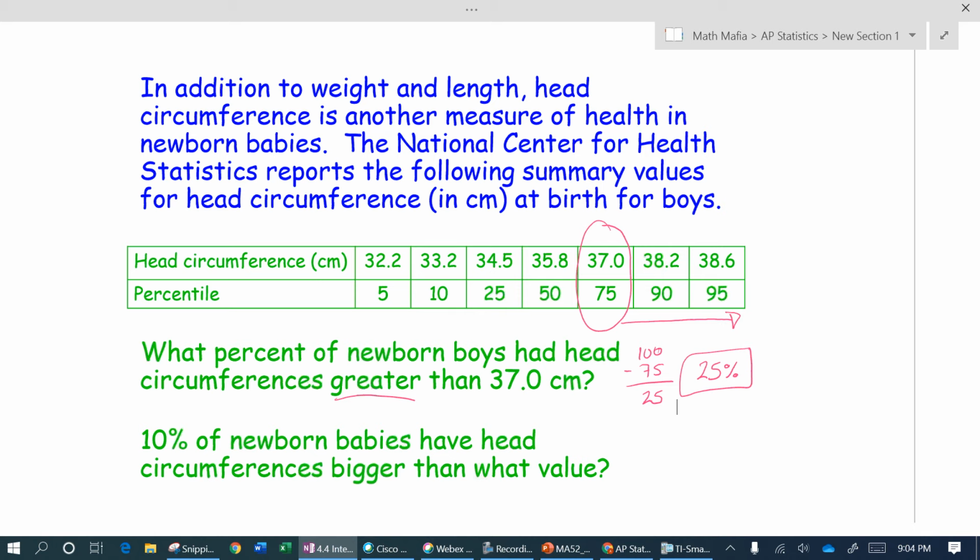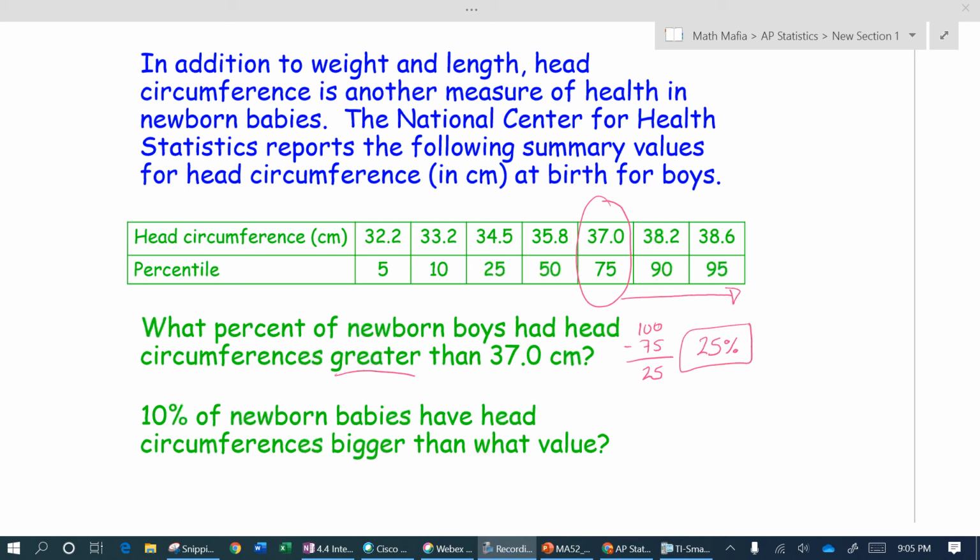Then it says 10% of newborn babies have head circumferences bigger than what value? What do you think the answer might be here? Well, if we want 10% of newborn babies to have a value bigger than what, then we're looking for just 10%. So we don't want to use this because that's showing from 10 up.